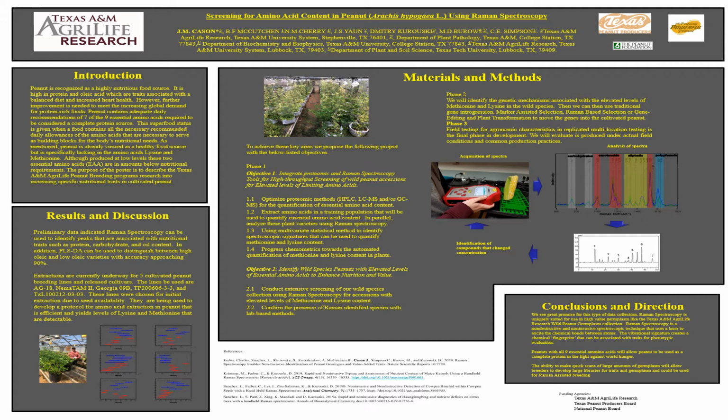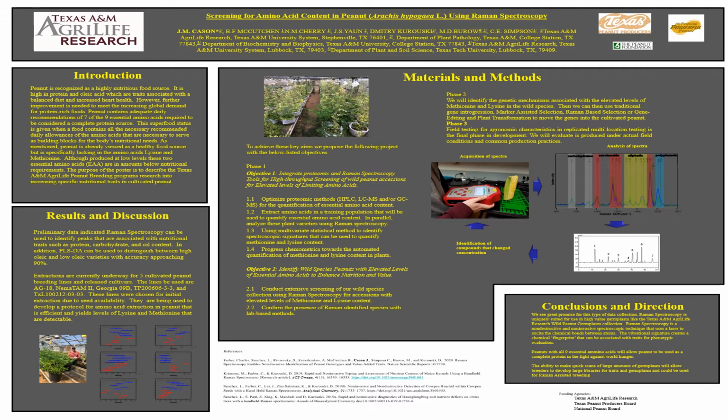Once we are confident in our results, we will scan our wild species collection with the Raman spectrometer for elevated levels of the essential amino acids in question, and then verify this with the lab techniques mentioned before.